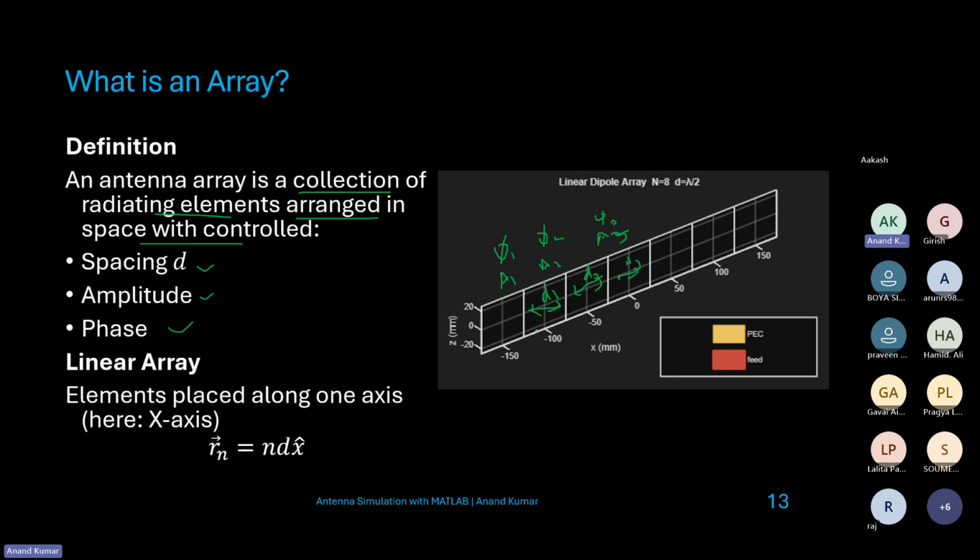If you make this spacing equal, and since they are arranged in one line, in this case we are calling it a linear array because the elements are placed along one axis and the spacing is equal. But you could also have unequal spacing. You can have two elements very far apart and two very close, and you can rearrange, and all these will again affect the array factor, which affects the radiation pattern.